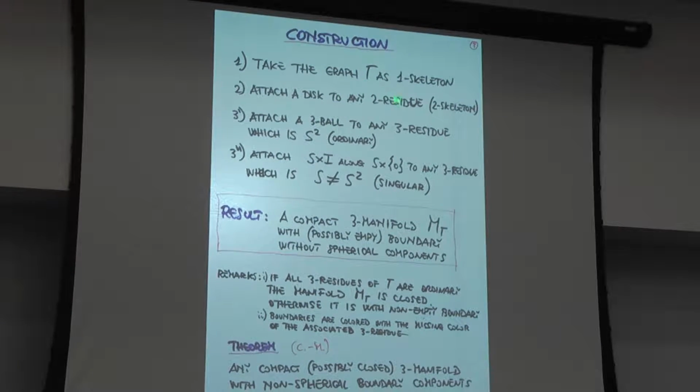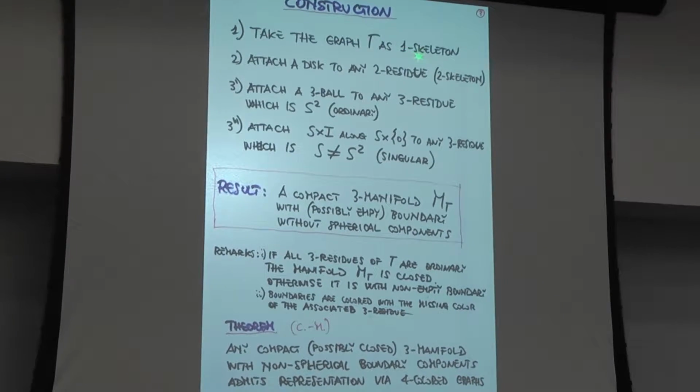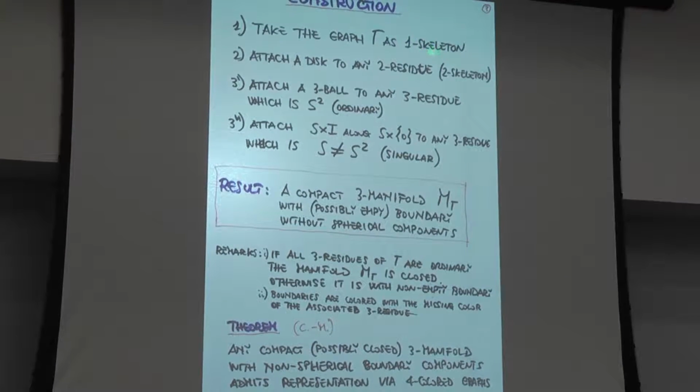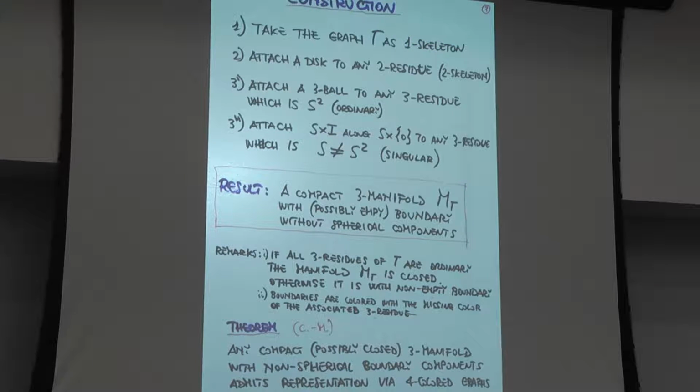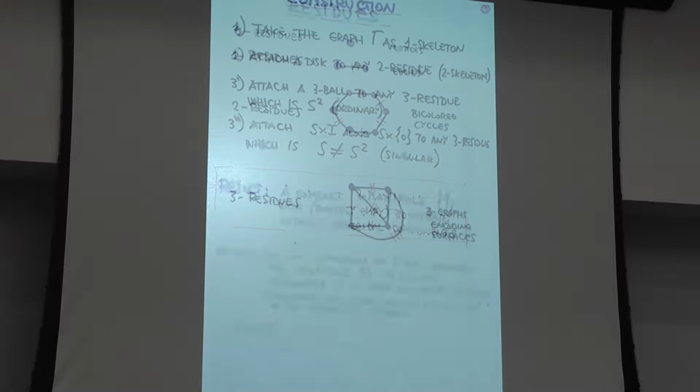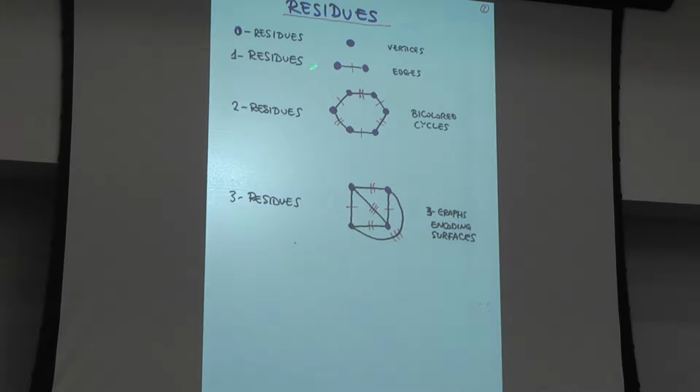Take the four-colored graph as a one-dimensional CW complex, the one-skeleton of the future manifold. Attach a disk to any two residue, so for any bicolored cycle, you attach a disk.